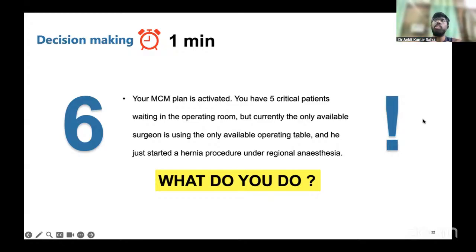So what we are doing today is, you have to have a hospital MCM plan, and all these cases which are gonna be faced during the flow of an MCM have to be discussed. Some things have to be discussed prior, and it has to be in a written document, so that at that point of time, the incident commander can take serious action on that.